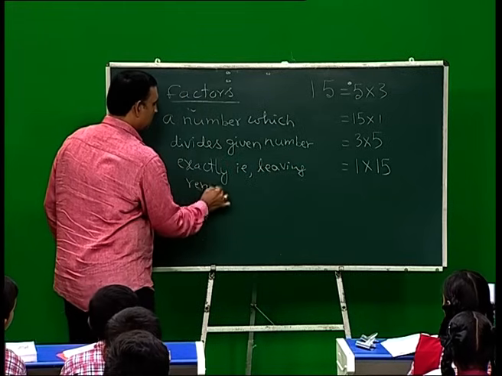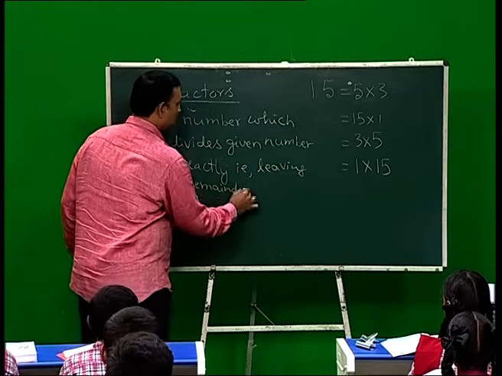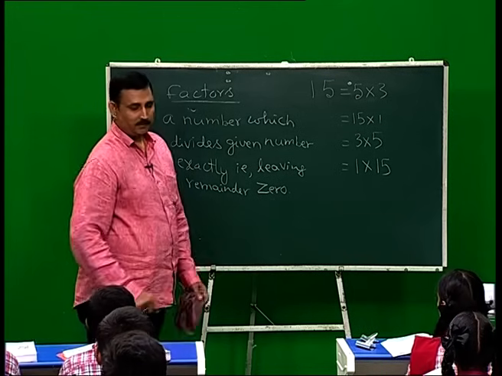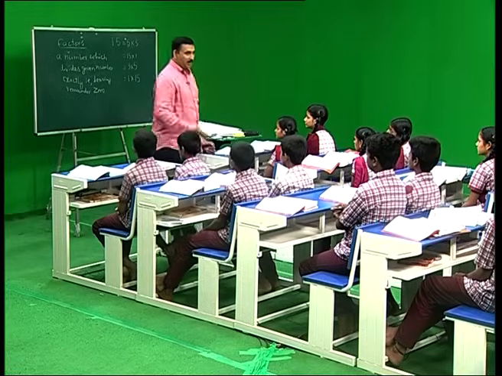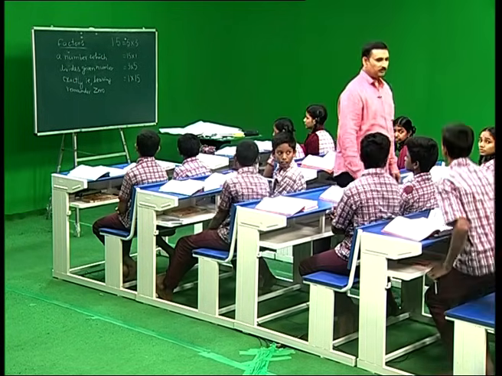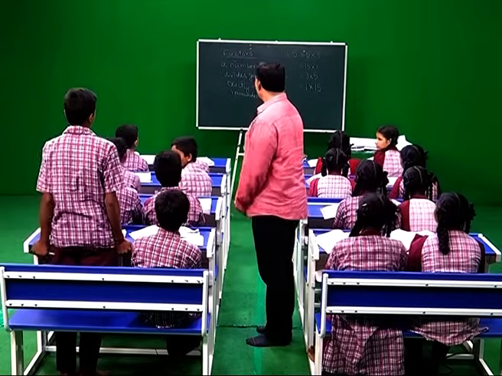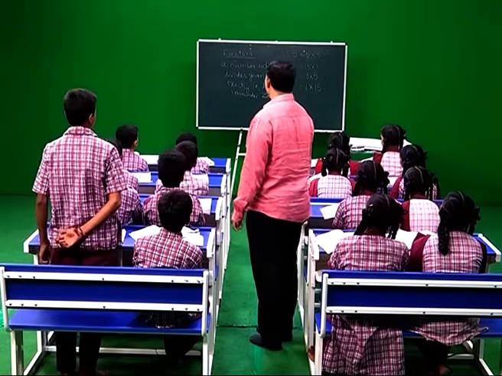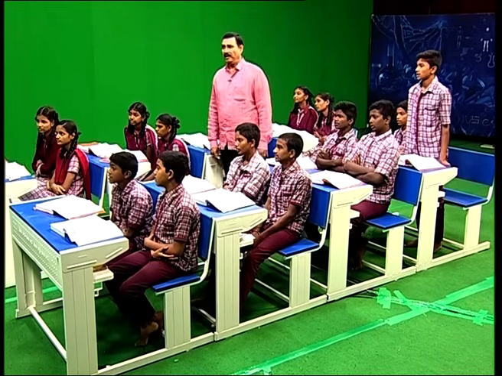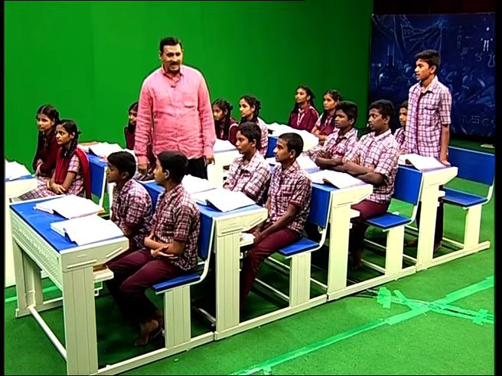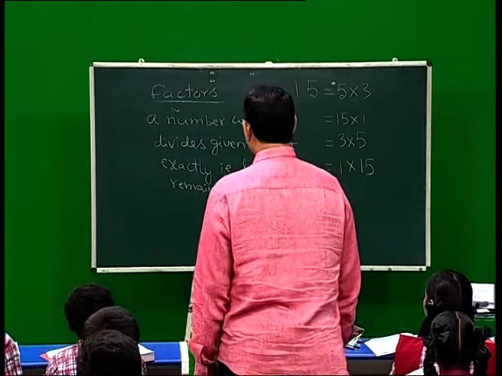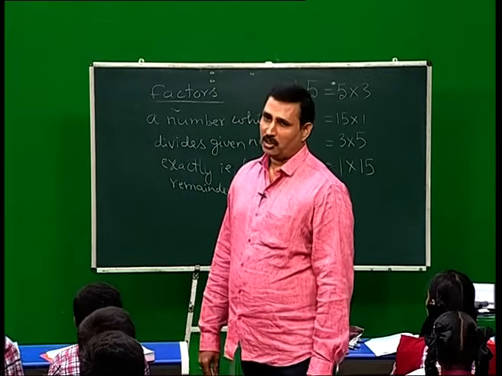Remainder zero. It is called a factor. You read that sentence. A number which divides the given number exactly, leaving remainder 0. Okay, good.